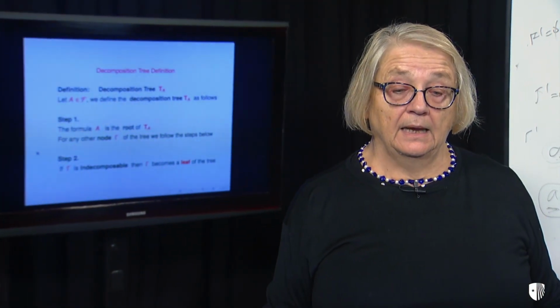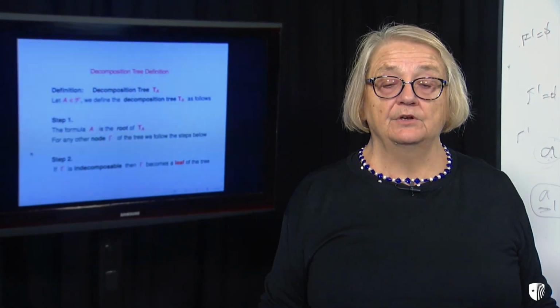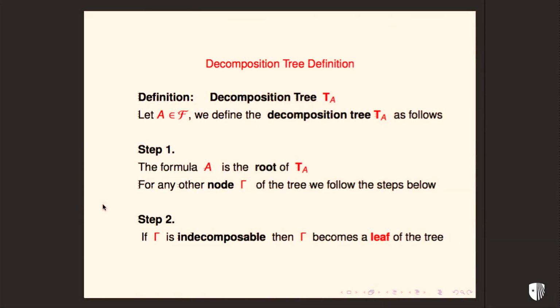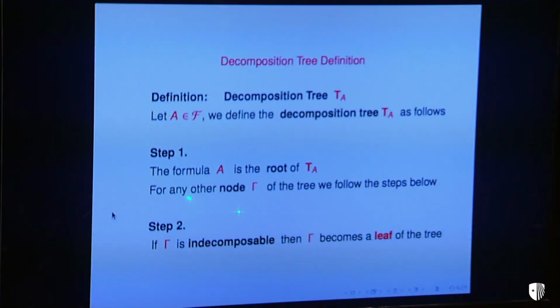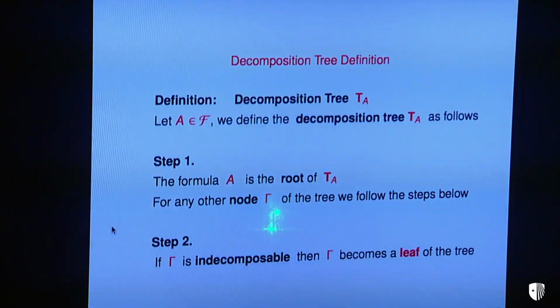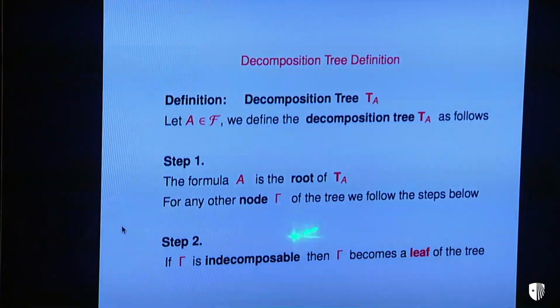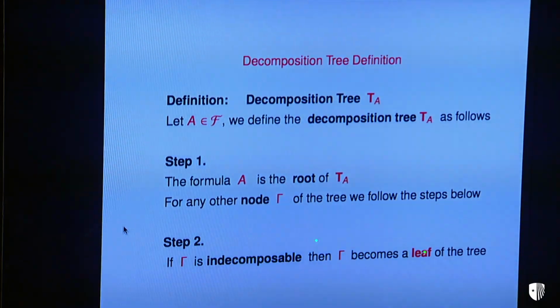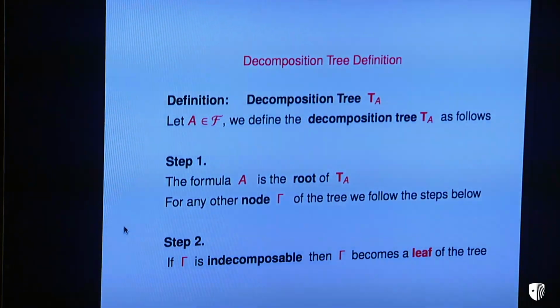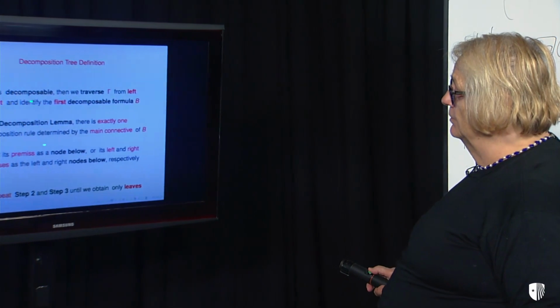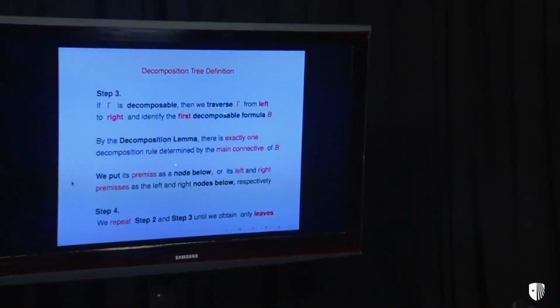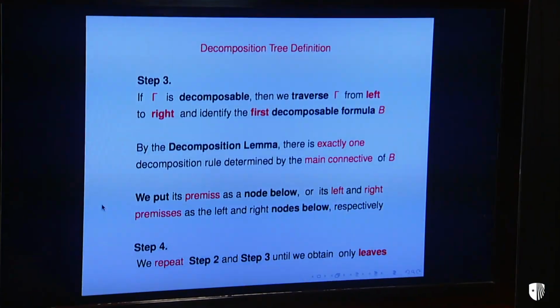And now you have the proper definition of the decomposition tree of a formula A. Formula A is the root of the tree, and for any other node gamma on the tree, we have these steps. If it's indecomposable, it becomes a leaf. If gamma is decomposable, then we traverse gamma from left to right.